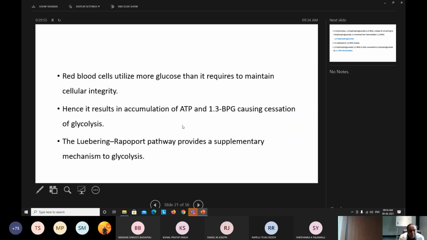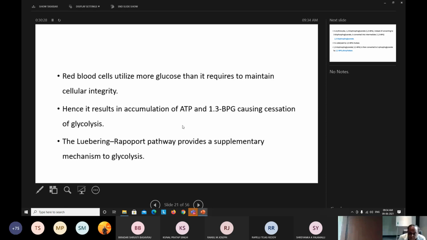So why does it happen and where does it happen? Red blood cells utilize more glucose than their requirement, resulting in more accumulation of ATP and 1,3-BPG, that is, bisphosphoglycerate. When ATP is formed, it ceases the process of glycolysis.